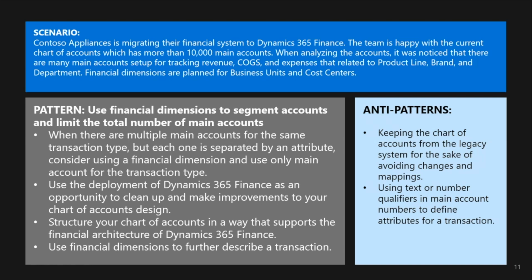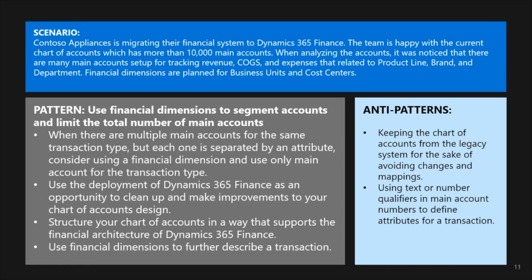The anti-pattern is keeping legacy things just for the sake of avoiding change. There would be some mapping work for balances and such, but that learning and mapping is one time, and you get the benefit of a cleaner design forever.